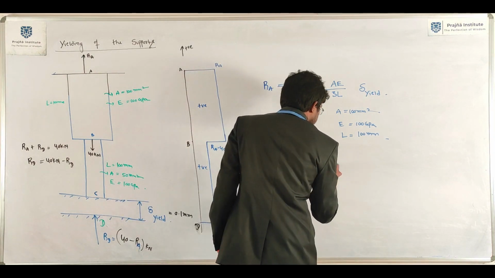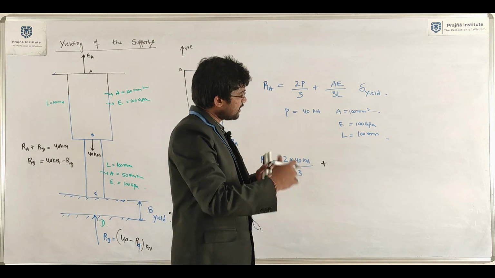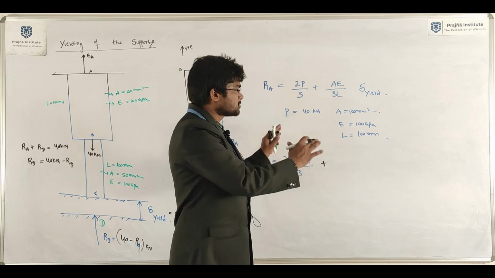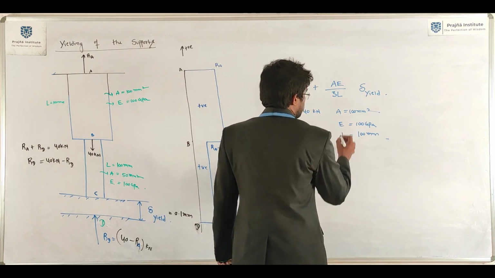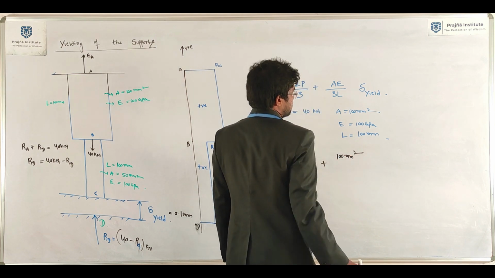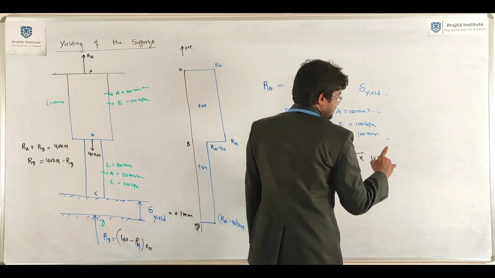Okay, so here some students are failing to substitute it, cancelling the units. That is why I am spending some time. Don't take it in a bad way. Here 100 mm square, here 100 gigapascal.